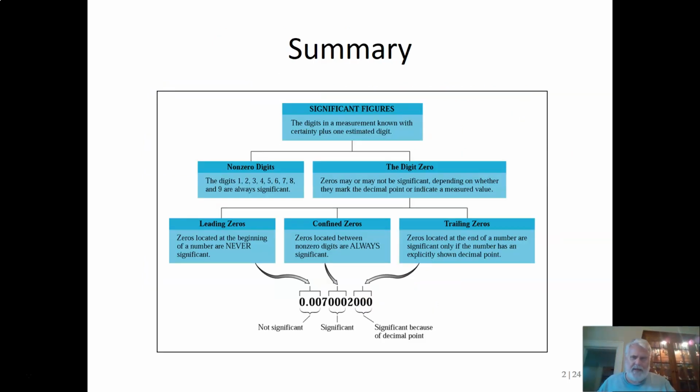All right. This is in your textbook. I believe, let's see, it's on page 30. And it's just a good summary of everything that we've talked about right here. And the next topic is a little bit more involved, and it's off of the slideshow presentation, but you have a handout that is entitled Significant Figures and Mathematical Operations.